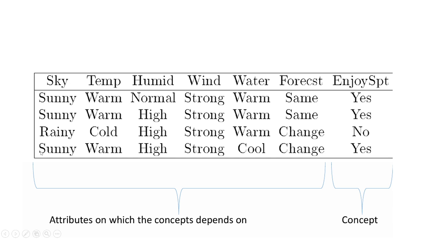We'll get a hypothesis if it matches, either one-to-one or with some parameter. If it matches, that is called a positive example. In these cases, this is one positive example, this is a second positive example, and this is a third positive example.